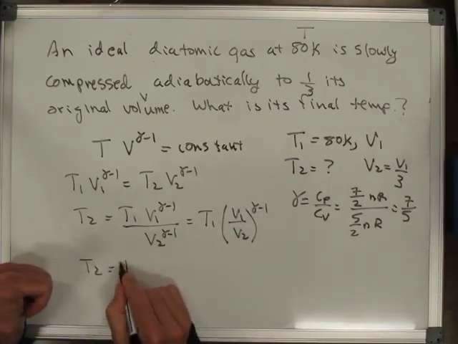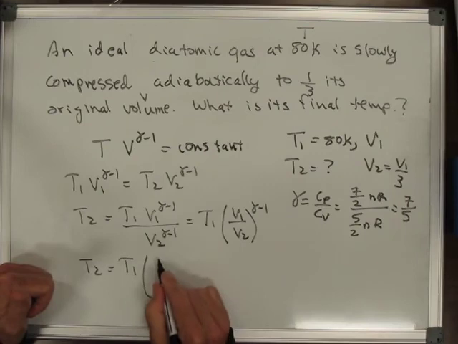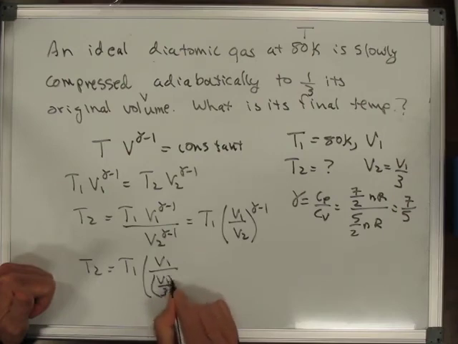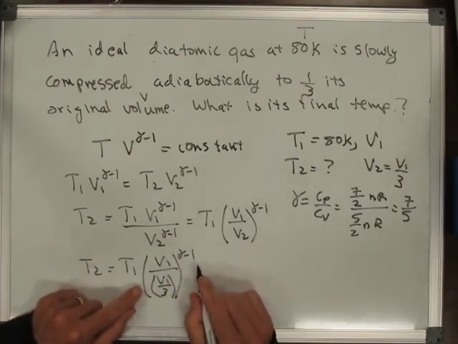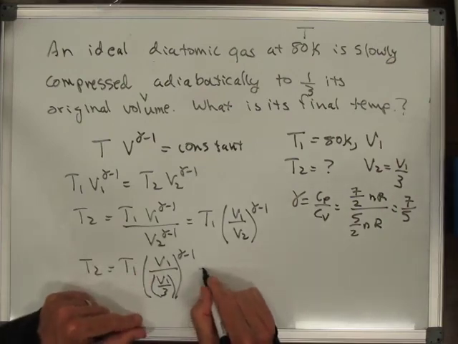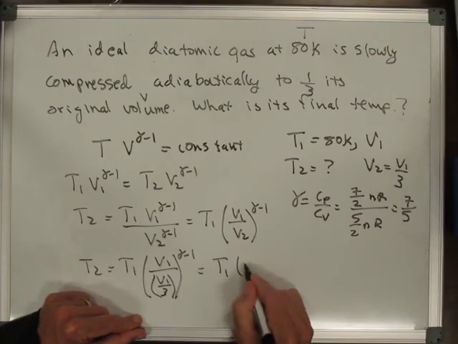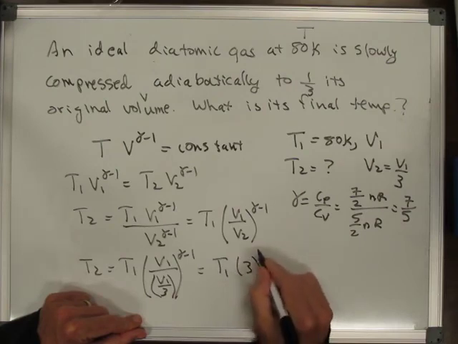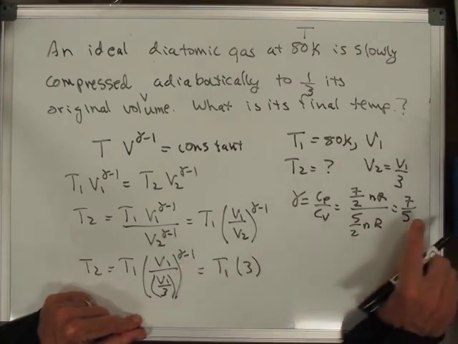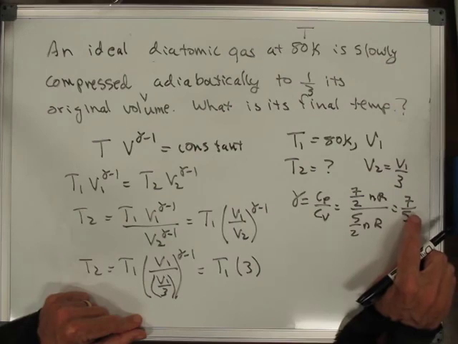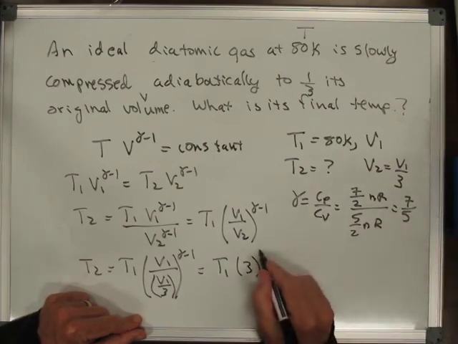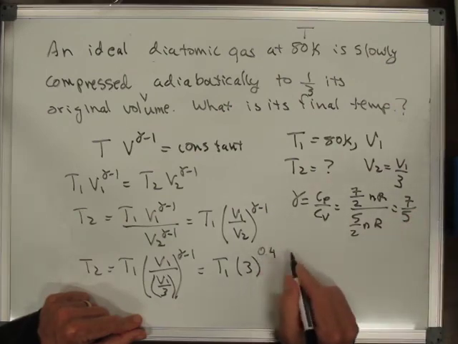T2 is equal to T1 times, and so we know what these are. This is V1, and this is V1 over 3. That's its final volume to the gamma minus 1. Well, V1 over 3, this just becomes T1 times 3 to the gamma minus 1. Well, gamma is 7/5, and so gamma minus 1 is 2/5, or 0.4, right?